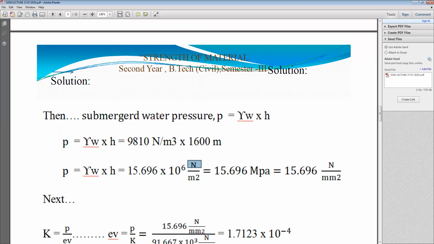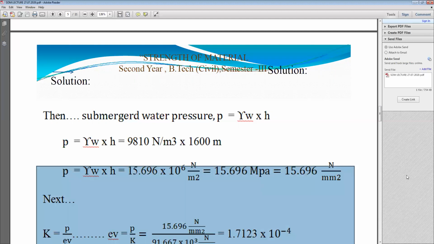What is Newton per meter square in terms of Pascal? 1 Pascal is equal to 1 Newton per meter square. So obviously 15.696 into 10 to 6 gets converted into megapascal. So 15.696 megapascal is nothing but 15.696 into 10 to 6.